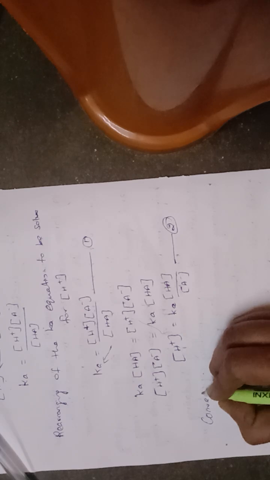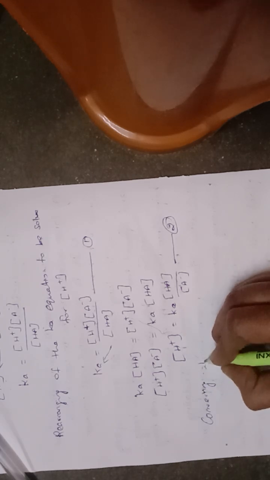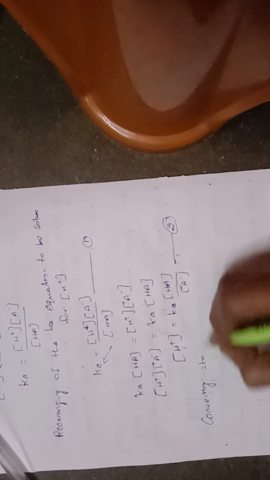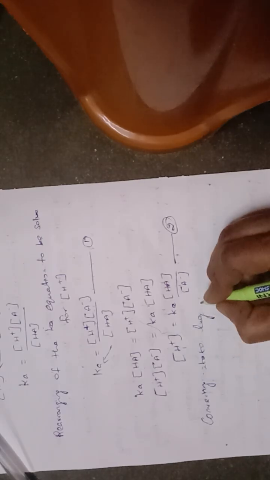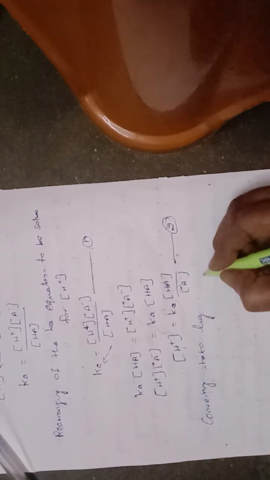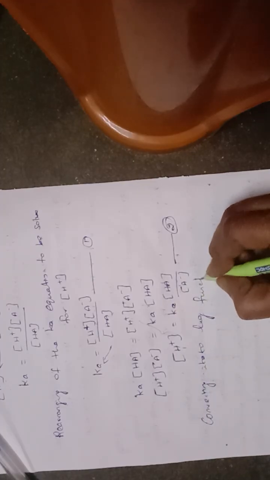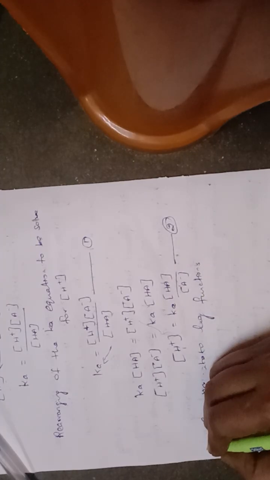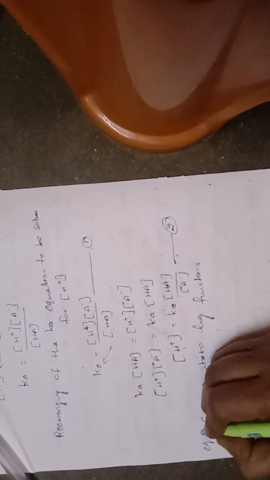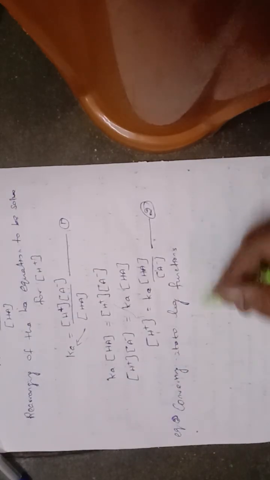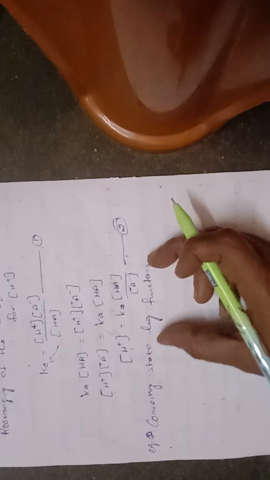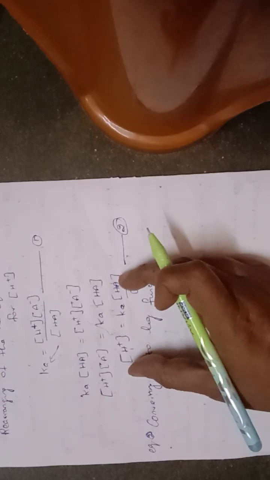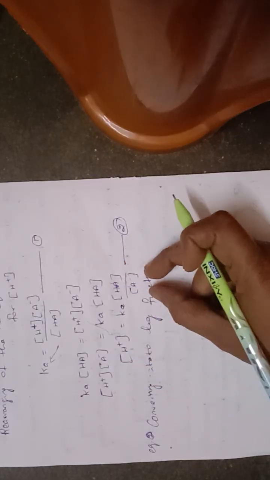Converting the second equation to logarithmic functions: you should take the logarithm on both sides. We already have H plus equals Ka HA divided by A minus.